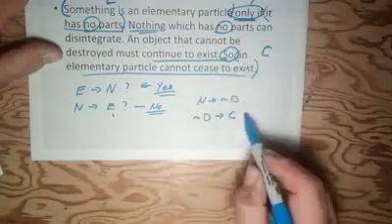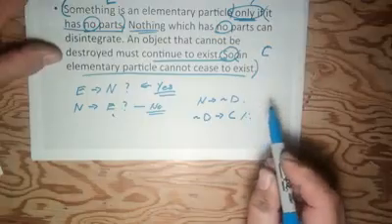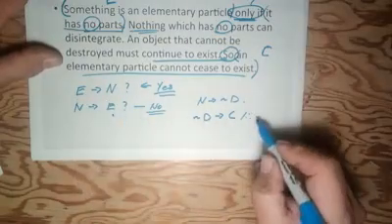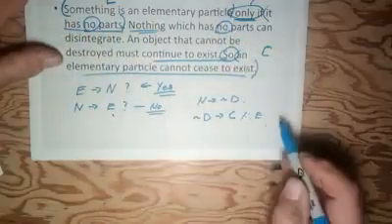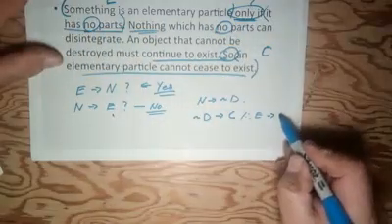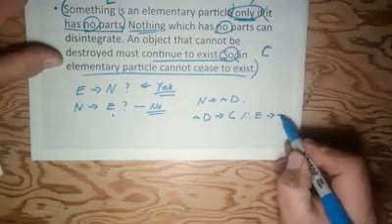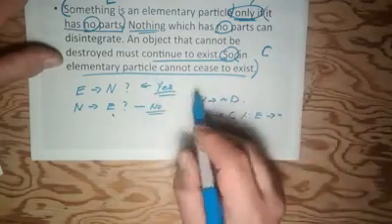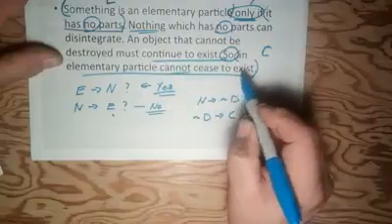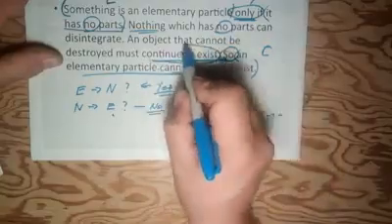So an elementary particle, E: if something is an elementary particle, then it cannot cease to exist, or it would continue, right? Cannot cease to exist, and we've got to continue to exist.